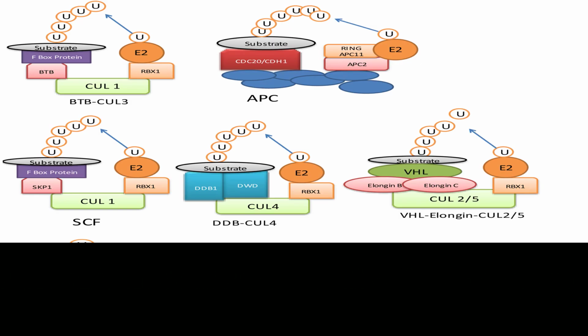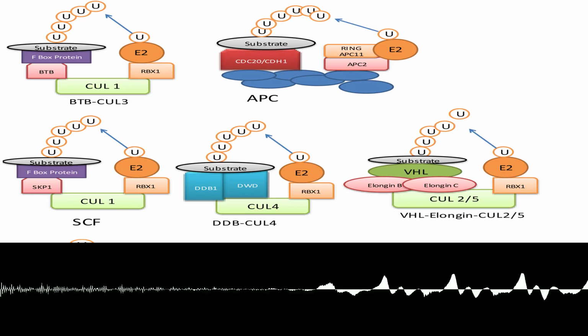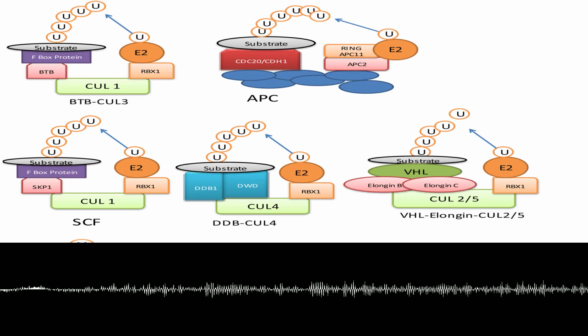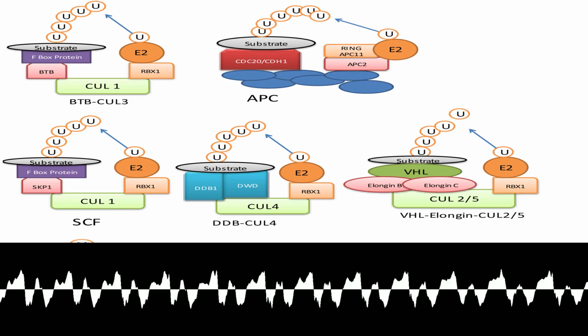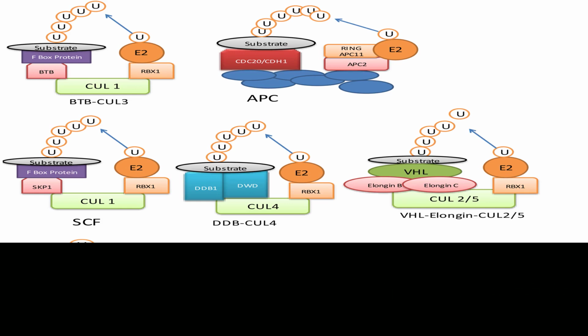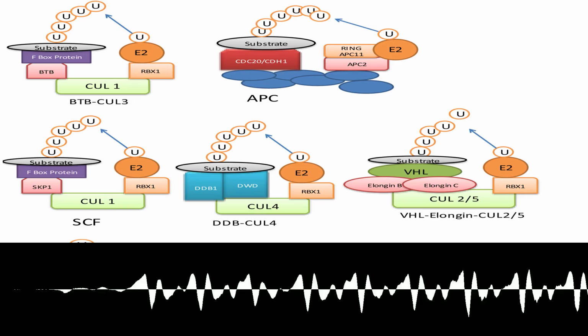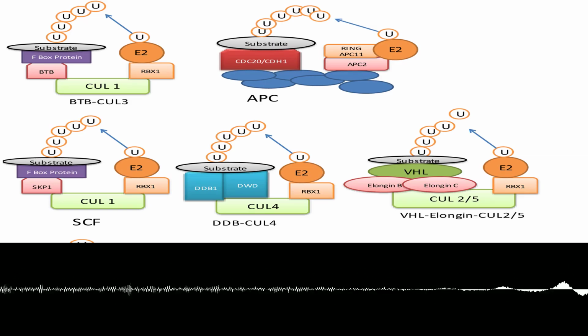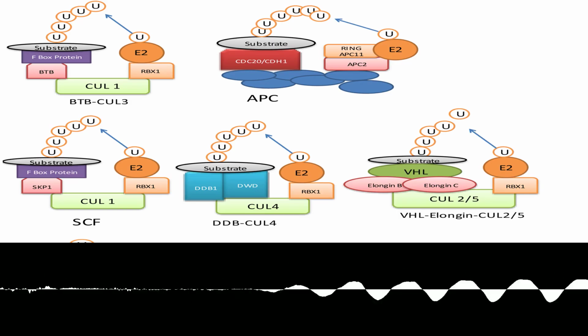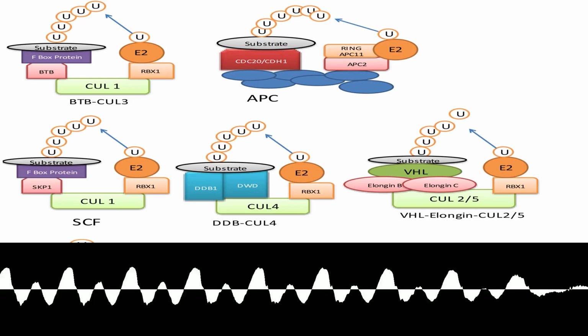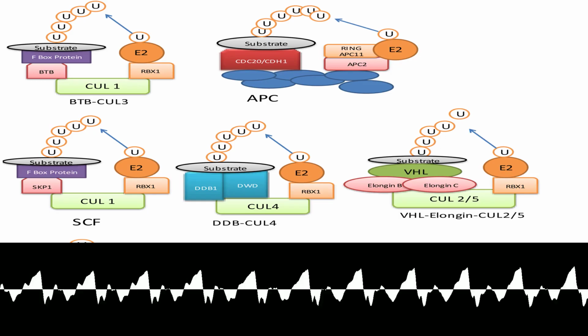This model, which proposed a hierarchical enzyme system, represented a significant advancement. The claim of a multi-step enzymatic cascade was supported by careful biochemical fractionation and reconstitution experiments. By isolating and characterizing the different enzymatic fractions, they could demonstrate that each component was necessary for ubiquitin conjugation and subsequent protein degradation.